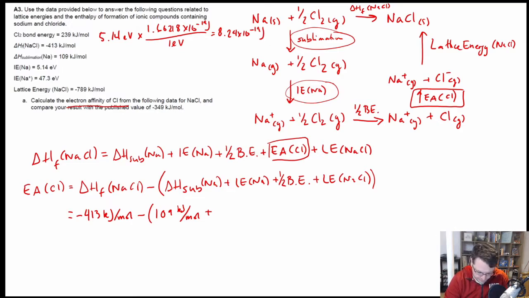We're going to take that number, because this is 8.24 times 10 to the negative 19 joules per atom, and multiply it by 6.02 times 10 to the 23rd atoms per mole. That comes out to 8.24 times 10 to the negative 19 times 6.02 times 10 to the 23rd.